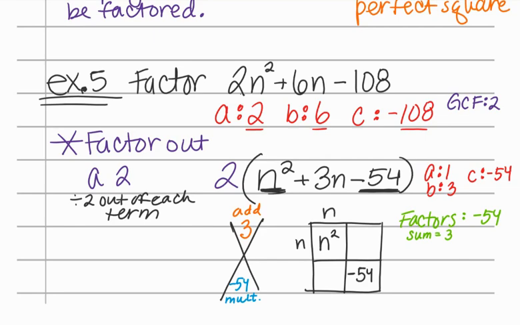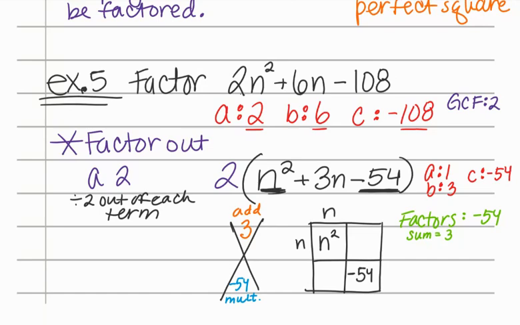So I need a positive and a negative because we have negative 54, and I need to add up to 3, so I've got to have more positives. So the positive factor has to be further away from 0 than the negative, right? Also, because the sum is 3 and they're going to be different signs, I also know the absolute values of my two numbers should be close together, right?